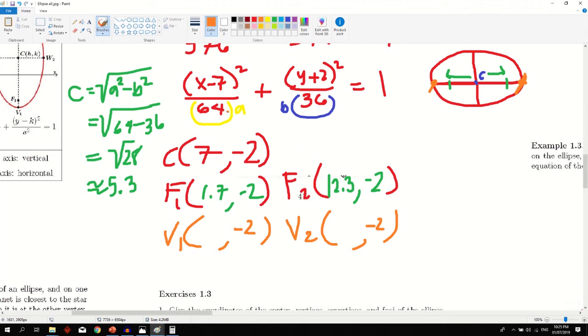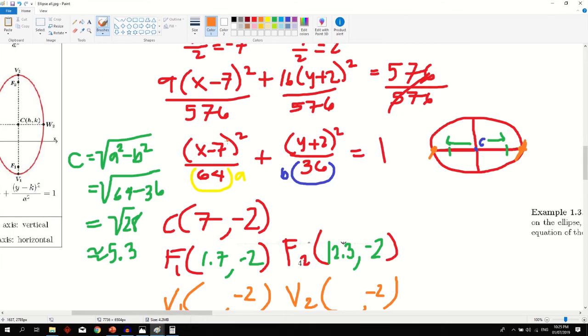Then the major axis should be a. This is a square, then this is b square. So a square is equal to 64. If we need a, we need to take the square root of that. 64 is 8 times 8.